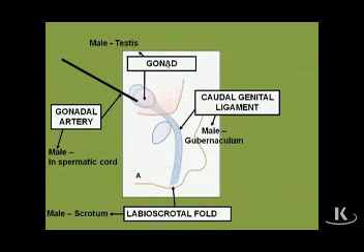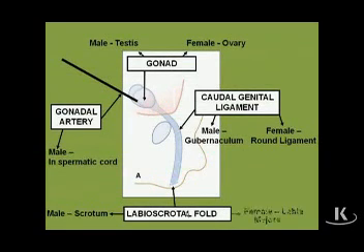Whereas in the female, the gonad will become the ovary, the caudal genital ligament will become the round ligament, the labioscrotal fold will become the labia majora, and the gonadal, or now ovarian artery, will reach the ovary in the suspensory ligament of the ovary. So the structures are fundamentally the same, their names are different, and their adult positions are somewhat different only because the testis descended whereas the ovary did not.